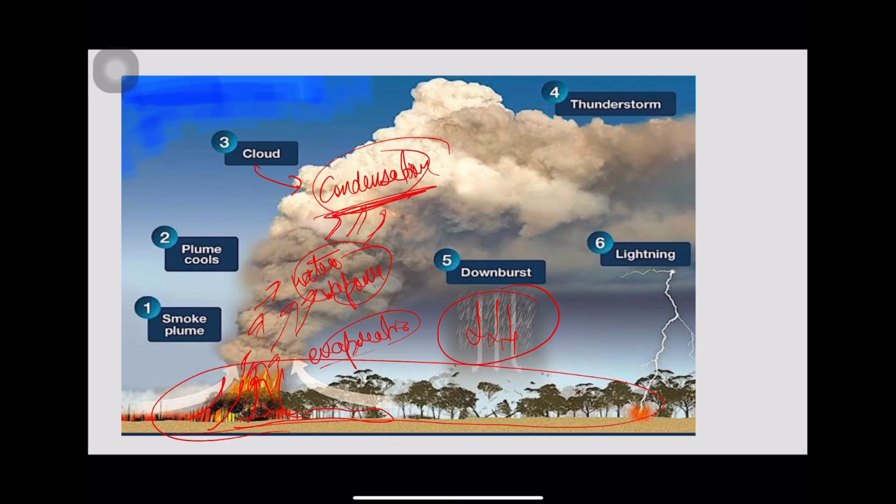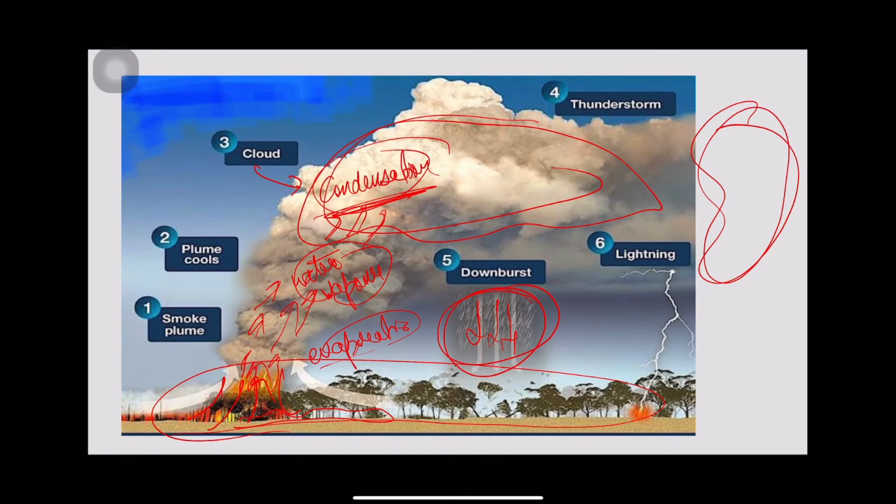Because of condensation and cloud formation, these are cumulonimbus clouds. There will be thunderstorms and everything, so they can be responsible for precipitation. But this area here is very disturbed, while the air which is away from that place can be very calm air. When this disturbed air and this calm air come into contact, there is a creation of lightning.